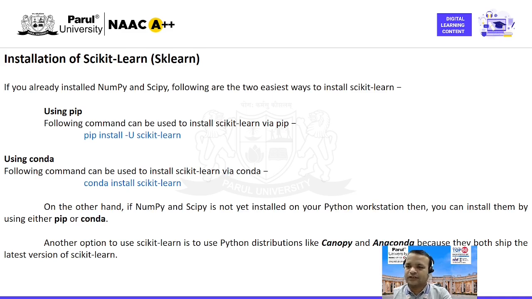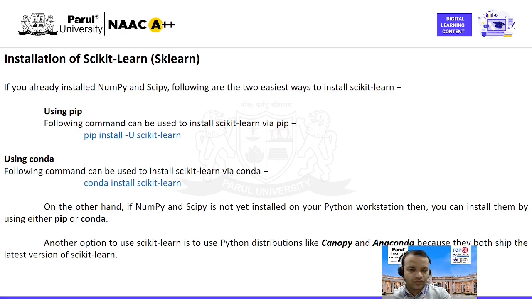Now, installation of Scikit-Learn, or sklearn, you can say. If you already installed NumPy and SciPy, following are two easiest ways to install Scikit-Learn. One method is using pip.